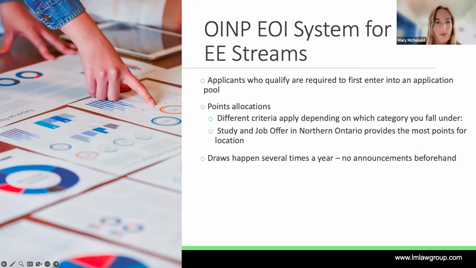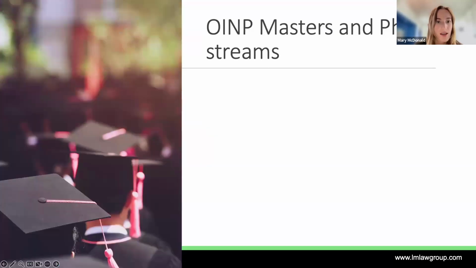So let's go through a few of these different streams. The next one would be the OINP Masters and PhD streams. These are special streams in Ontario for graduates from certain universities. You have to apply within 2 years of graduating from a master's or a PhD program within Ontario.